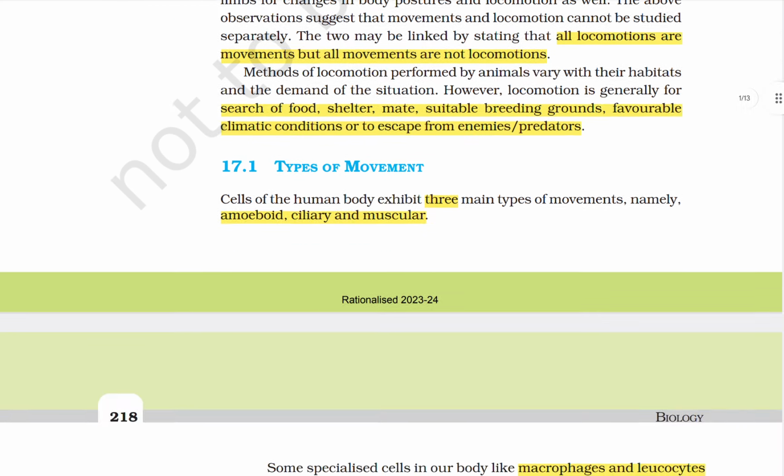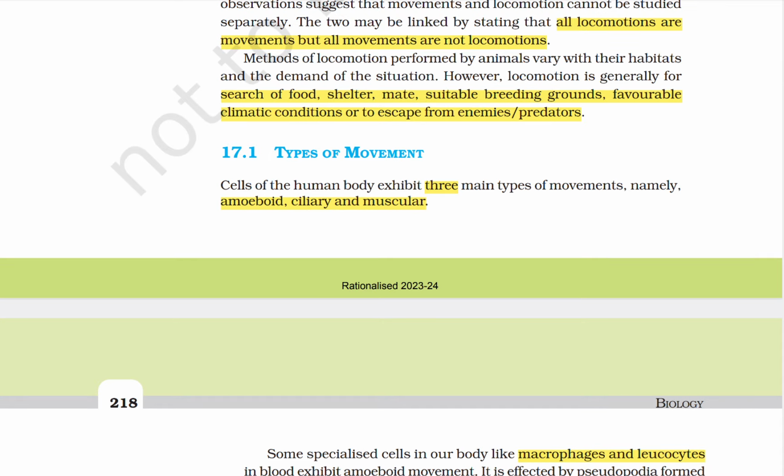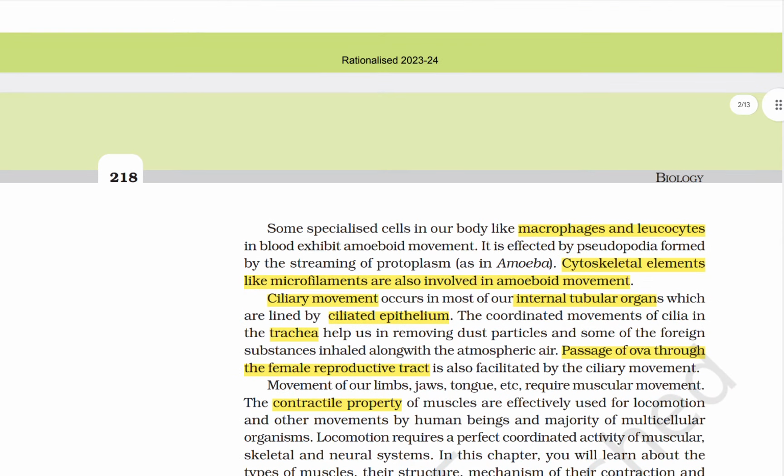Types of movement, there are three types of movement: amoeboid, ciliary and muscular. Here macrophages and leukocytes in blood exhibit amoeboid movement, with pseudopodia formed by streaming of protoplasm as in amoeba. Cytoskeletal elements like microfilaments are also involved in amoeboid movement.